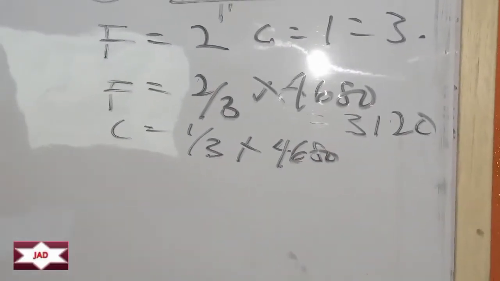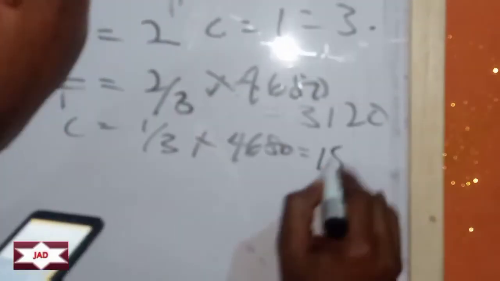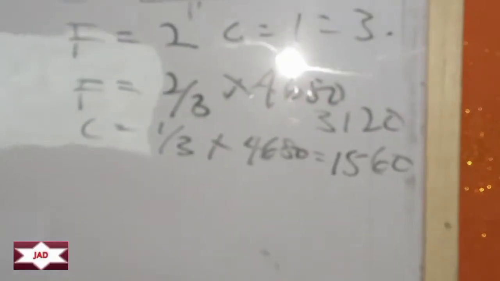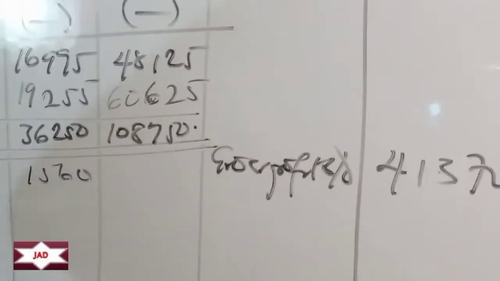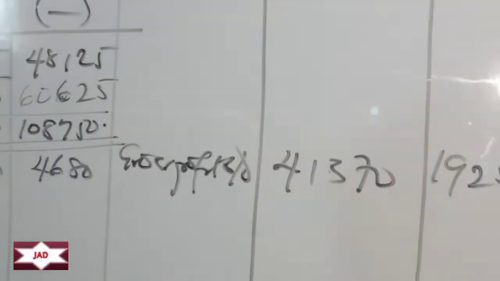Okay, that's 1,560. So repairs here, footwear is 3,120. Clothing is what? 1,560. So total will be what? 4,680. Okay.